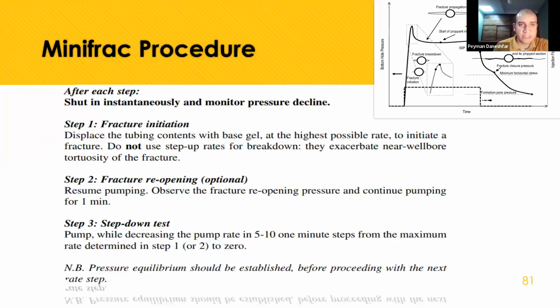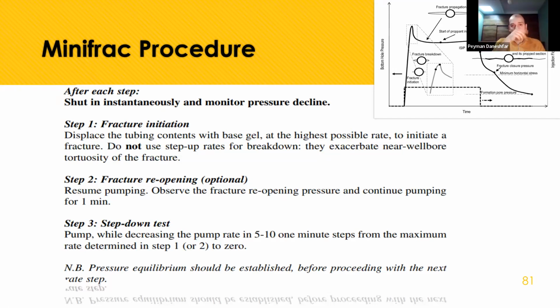Now, this is the Mini-frac test procedure. When you start the operation for a Mini-frac test job, you should shut in immediately and monitor pressure decline. For step 1, this is for fracture initiation.